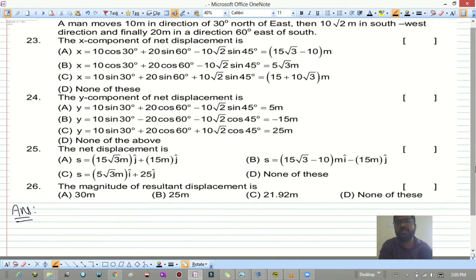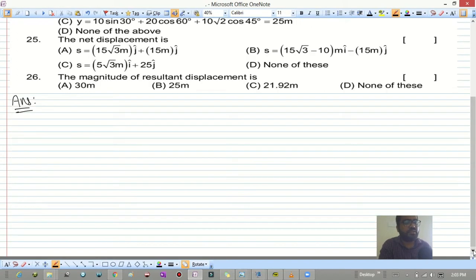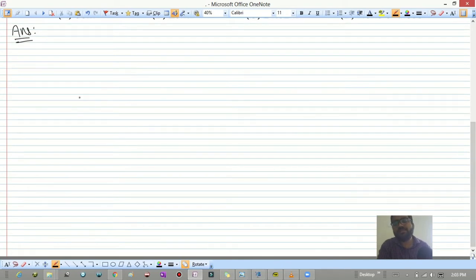So let's firstly draw the diagram. The man moves 10 meter in a direction of 30 degree north of east. So 30 degree north of east, what does this mean? So see here, this is the north direction, south direction, east and west direction.